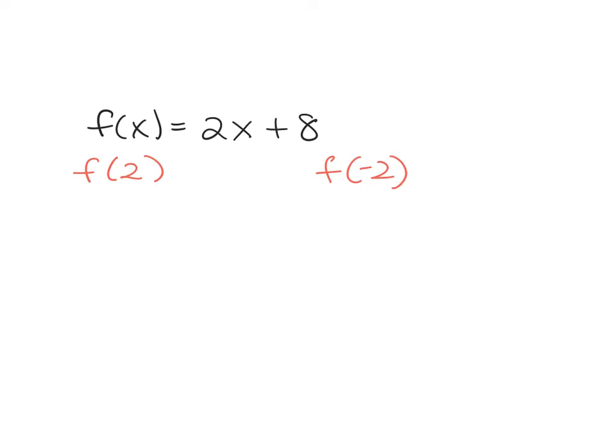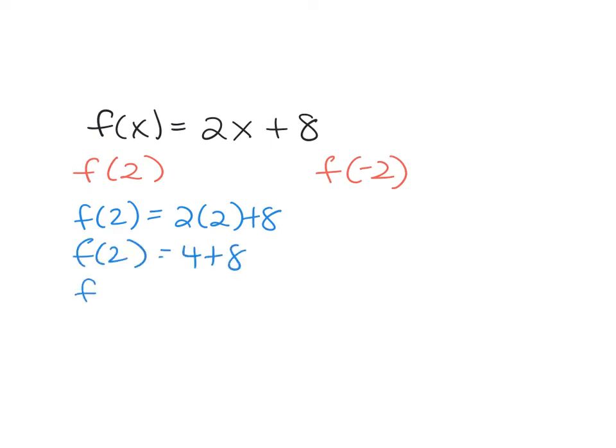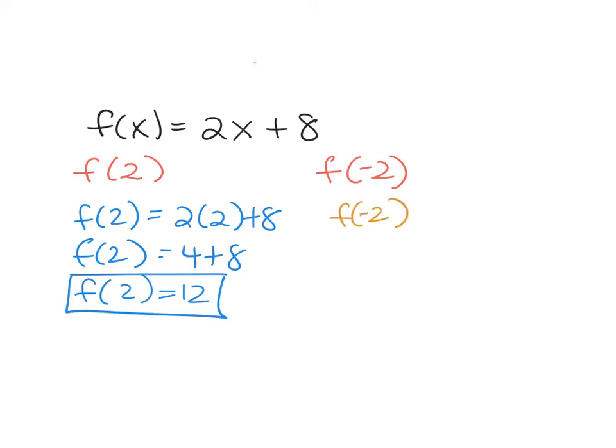So for f of 2, you should have f of 2 equals 2 times 2 plus 8. We're following the order of operations. So f of 2 is equal to 12. Now we do the same thing with negative 2. So f of negative 2 is 2 times negative 2 plus 8.